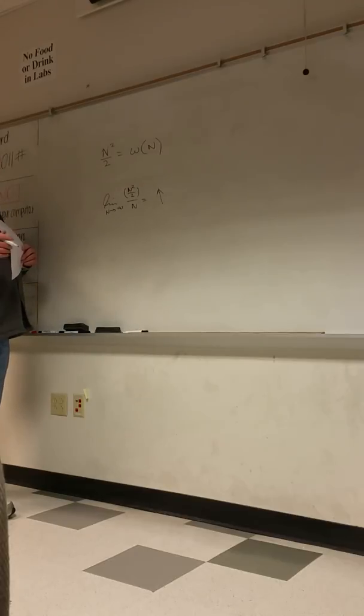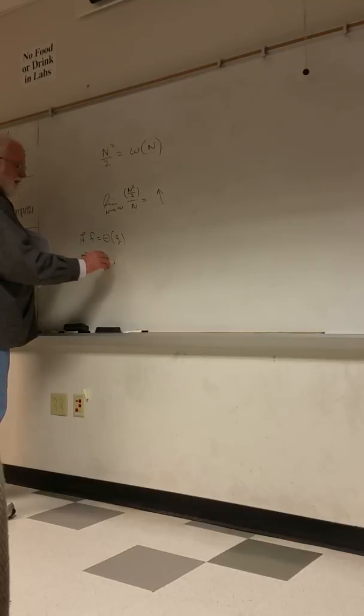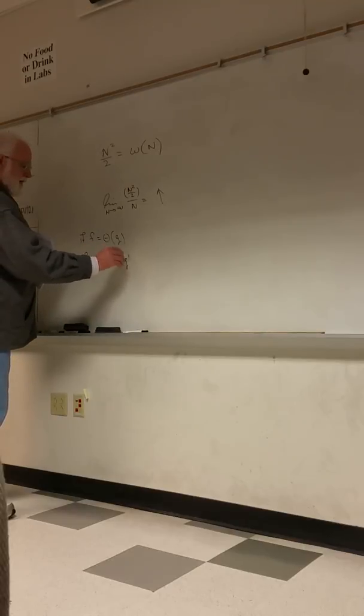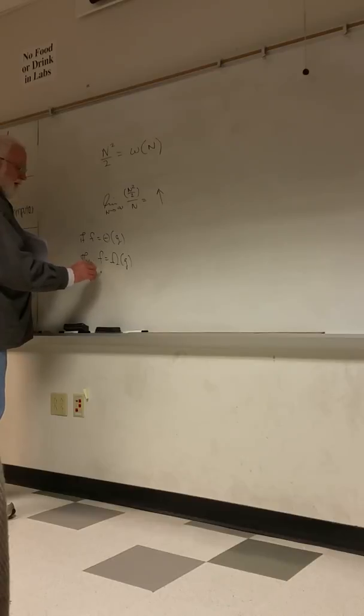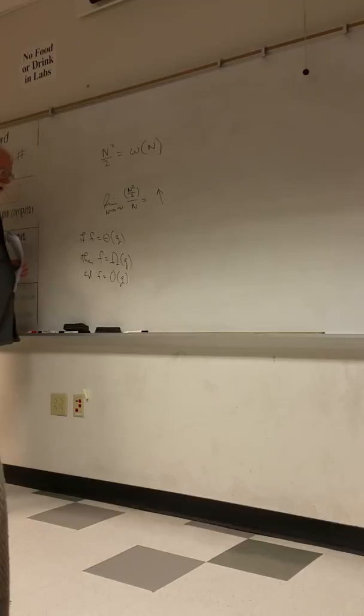And if two things are in the same big theta class, that's another good thing to remember: if f is big theta of g, then f is related to g in that way, and f is related to g in that way.